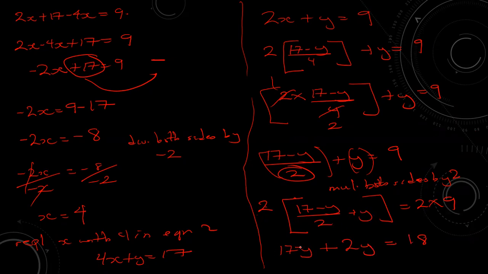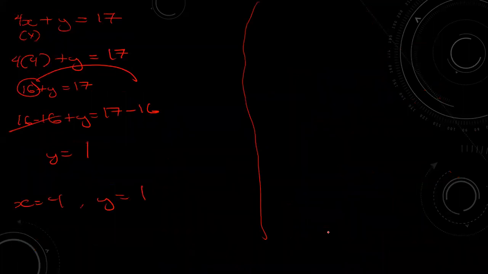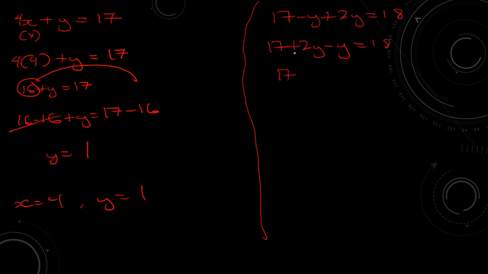Okay, so we have 17 minus y plus 2y equals 18. That's the same as 17 plus 2y minus y equals 18. 17, 2y minus y, that's plus y equals 18.